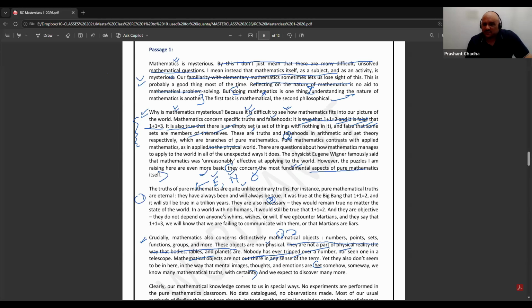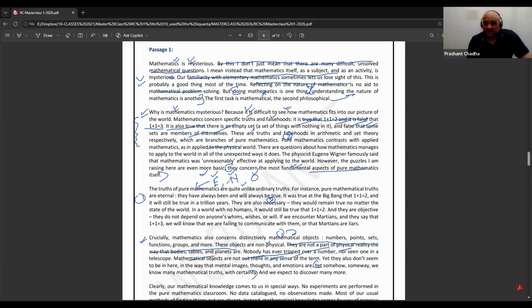If you condense these 4 paragraphs, mathematics is mysterious, right? Mathematics is one thing, that is a mathematical task. The nature of it is philosophical if you try to understand its nature. Why is mathematics mysterious? It is difficult to see how it fits into our picture. It has specific truths, falsehoods. Pure mathematics is different from applied mathematics.